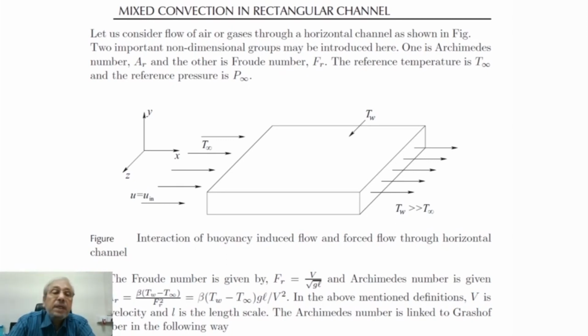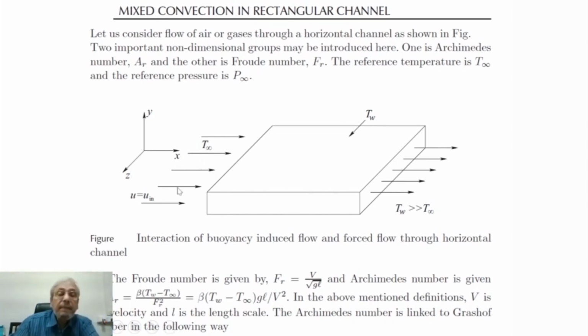One is the Archimedes number Ar and another is the Froude number Fr. The reference temperature is T infinity, which is basically the outside fluid temperature, not quiescent fluid. Fluid is being pumped into it or being forced into it.